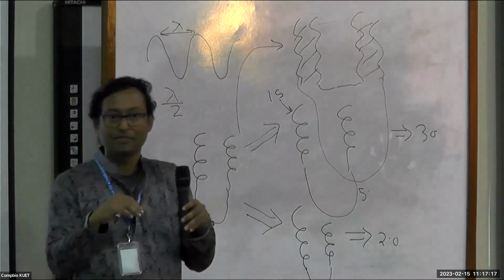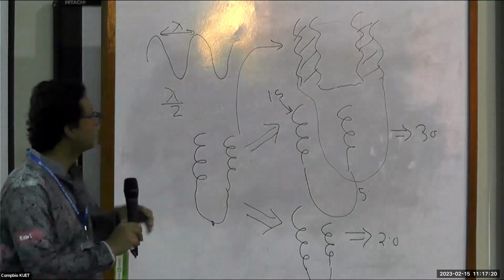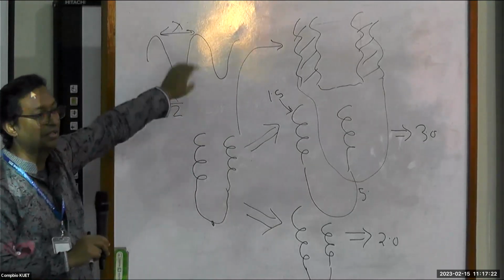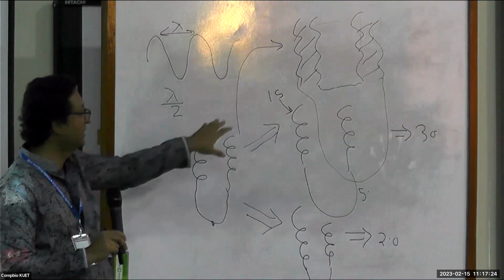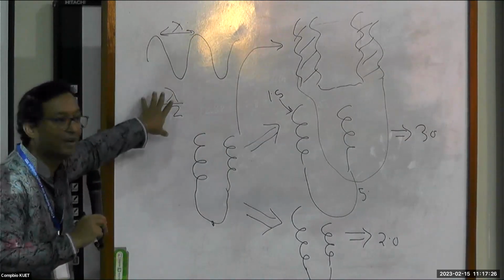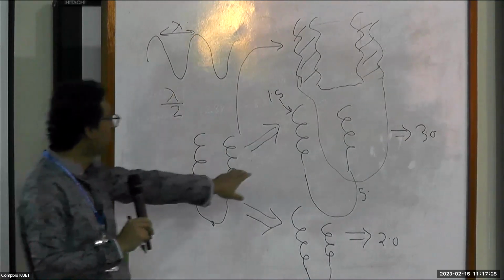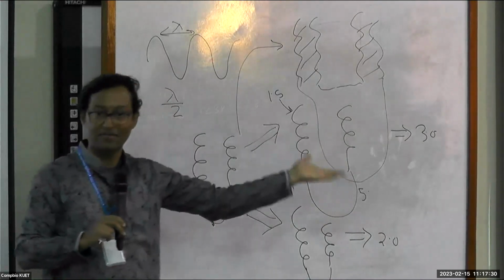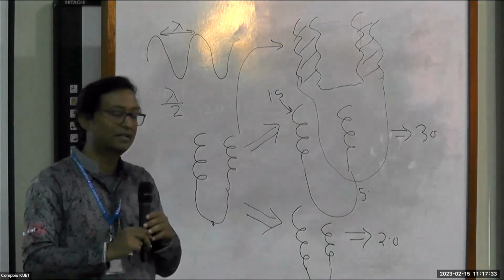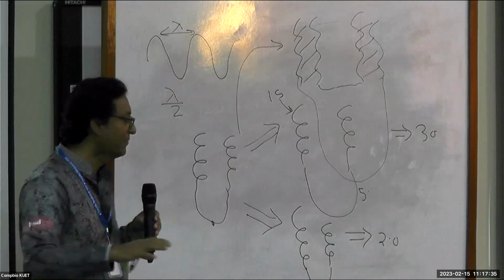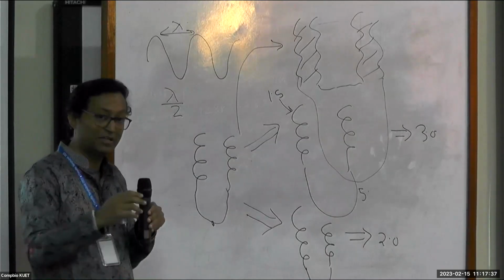Anything less than lambda by 2, they cannot see it separately. Okay. So in X-ray, it's very simple. Your wavelength is 3 angstrom. You should expect a 1.5 angstrom resolution. But because of thermodynamics, you don't have that resolution. So, okay. In cryo-EM, it's totally different.